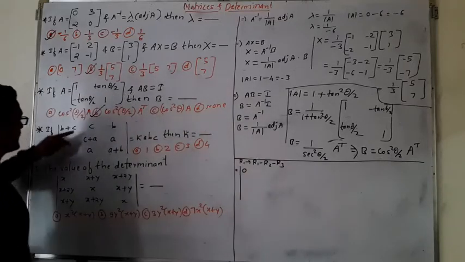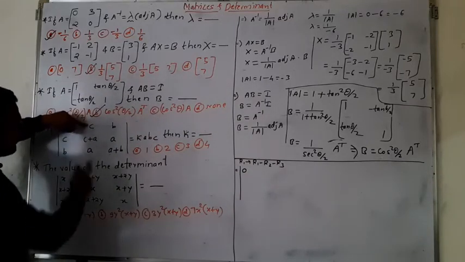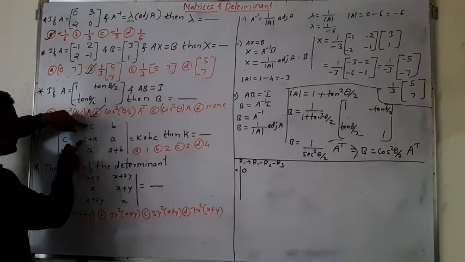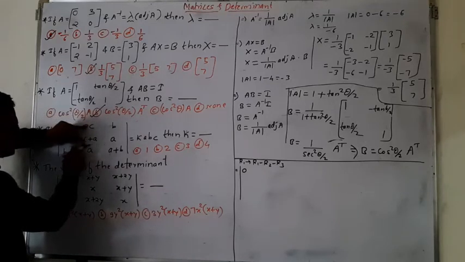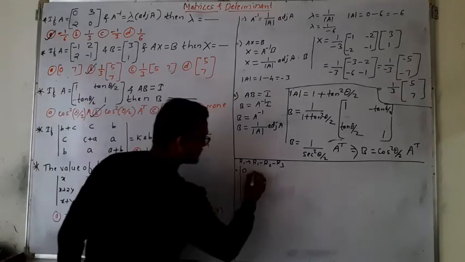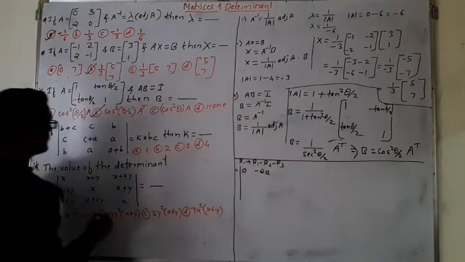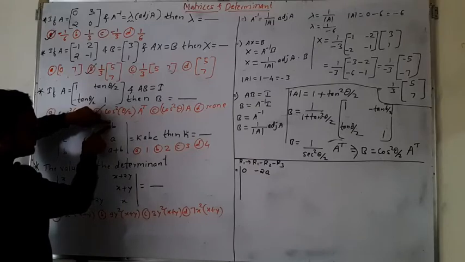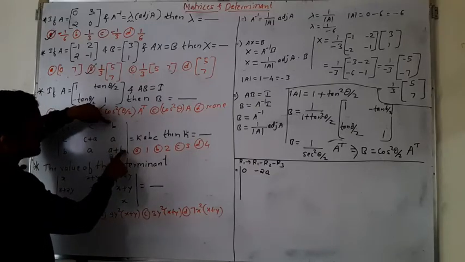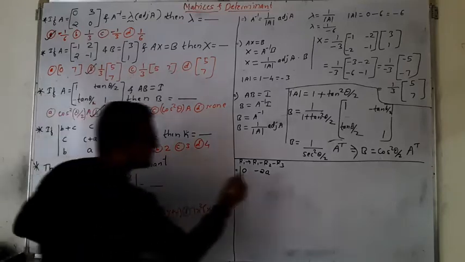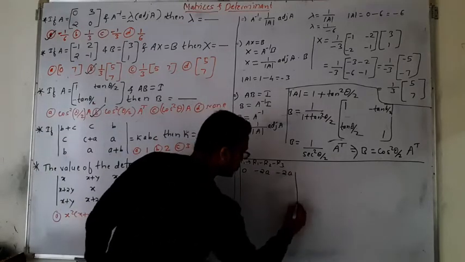Next, here C minus this and this, so this will become minus, this will become minus, plus C minus C get cancelled, and minus A minus A is minus 2A. Next, this is positive and both of these become negative, so plus B minus B get cancelled, again minus A minus A is minus 2A.